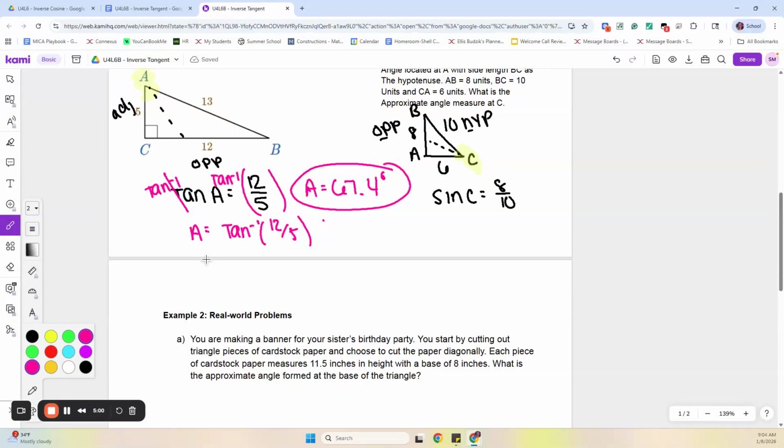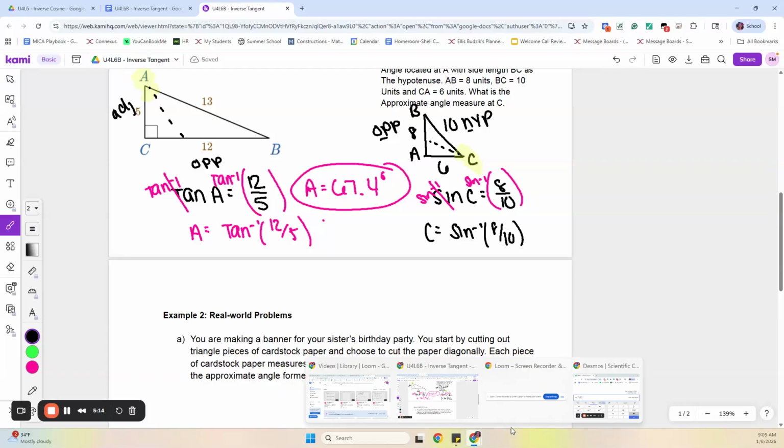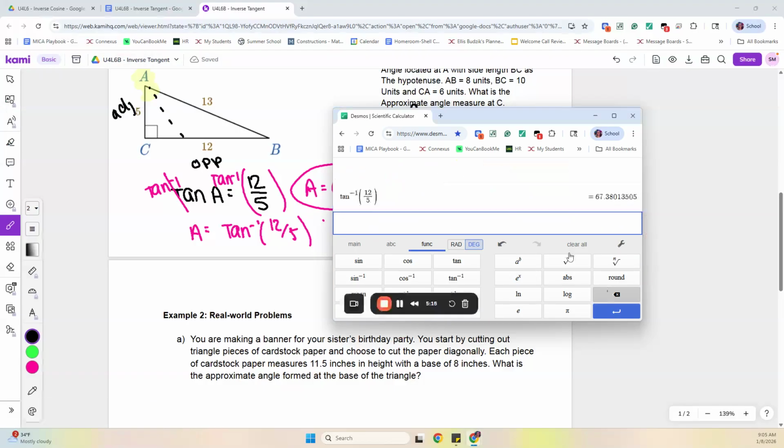And then again, now I want to get rid of my sine, so I just sine inverse it. Instead of tan inverse, sine inverse. So I get C equals sine inverse of 8/10. And I get 53.1.